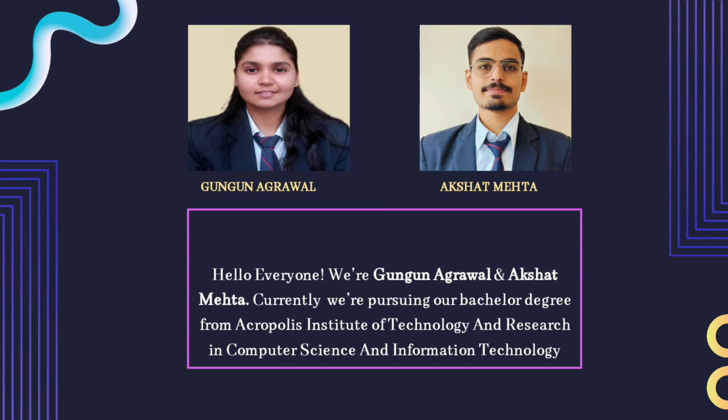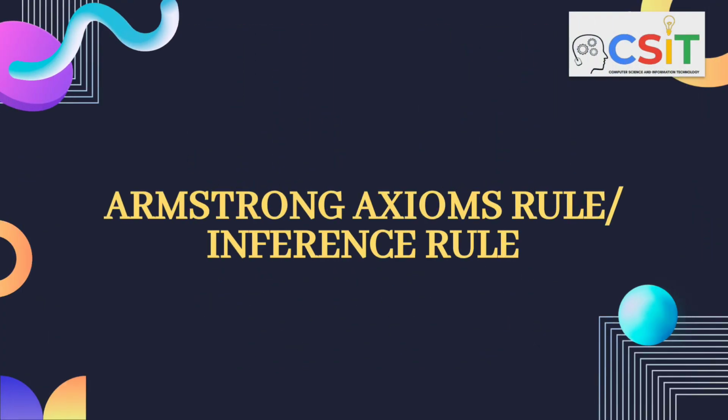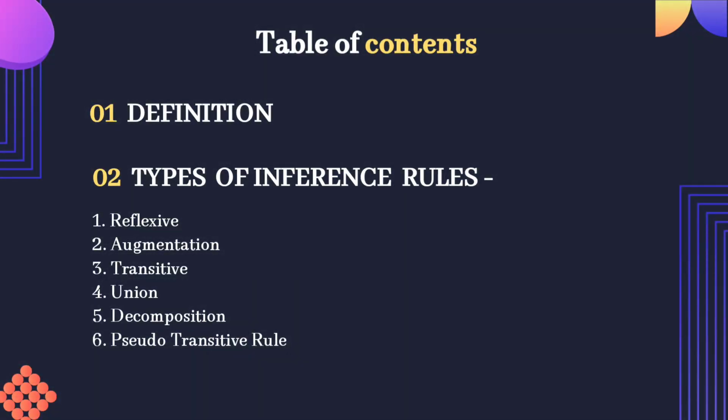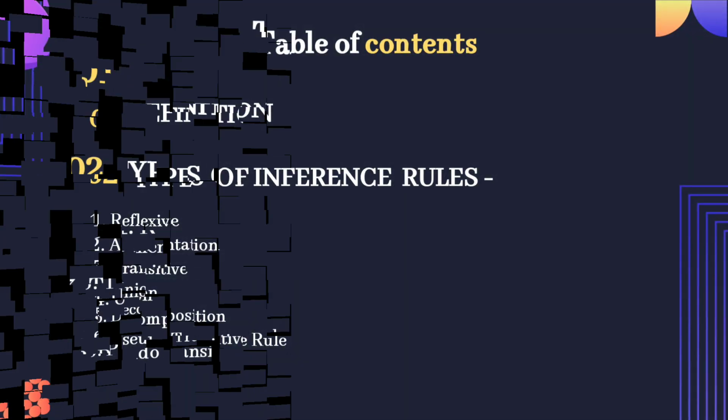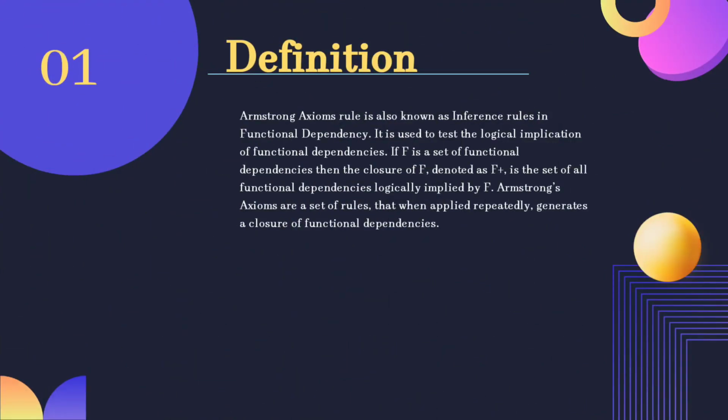So in this video, we will discuss the Armstrong axioms, or we can say the inference rules. Now let's start with the definition of the Armstrong axioms rule. These rules were given by Armstrong, so they are known as the Armstrong axioms or inference rules.